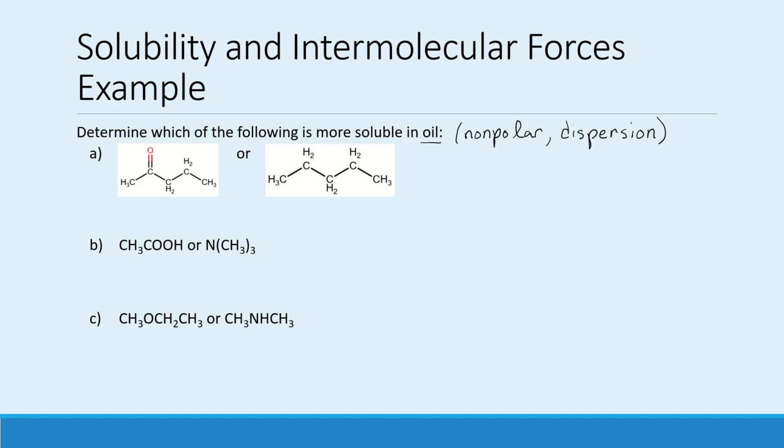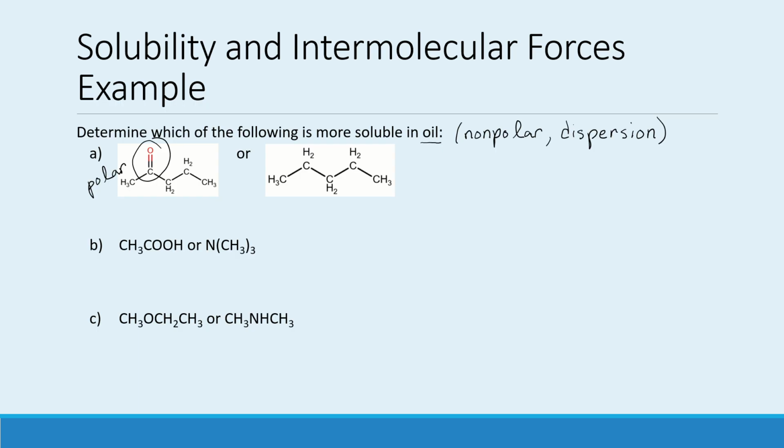So when we look at A and we look at the 2 examples here, this example on the left, you have a carbon-oxygen bond. That oxygen is different than all of those hydrogens, and so that is going to make that molecule polar, right? Remember, most molecules are going to be polar if they have different outer atoms or if they have lone pairs on the central atom, if it's just one central atom.